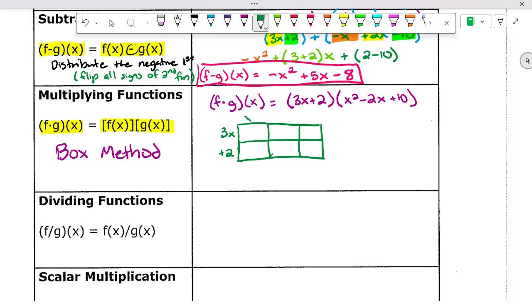The top would be x squared minus 2x plus 10.